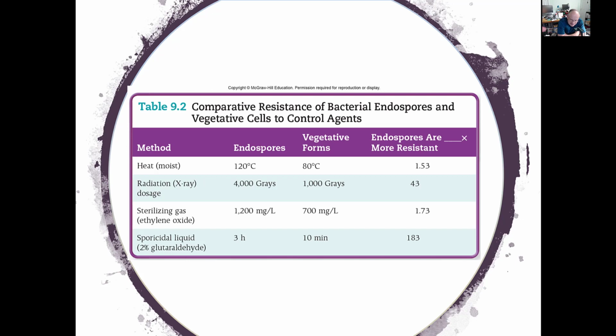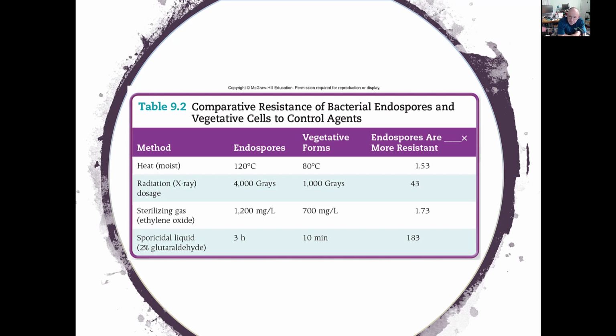Ethylene oxide is the gas that we used in the animal facilities when I was in school. It is a really nasty gas, and if you look at the vegetative form, 700 milligrams per liter, that's not very much. It's pretty toxic stuff, and ethylene oxide is a very strong oxidant and basically renders proteins useless immediately.